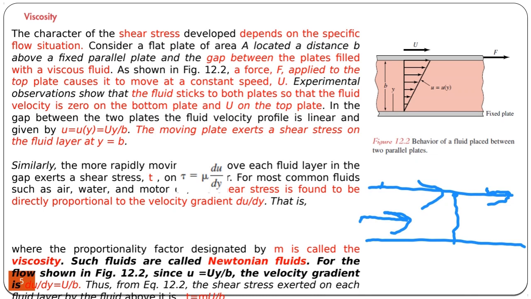Then we can say that velocity starts from the plate velocity and goes to zero velocity. This is linear, but it doesn't have to be linear. But because we say they are very close, we can assume it to be linear. Otherwise, if the depth is very high, and if the plate is a ship, it's not possible to have a linear change of the velocity, right?